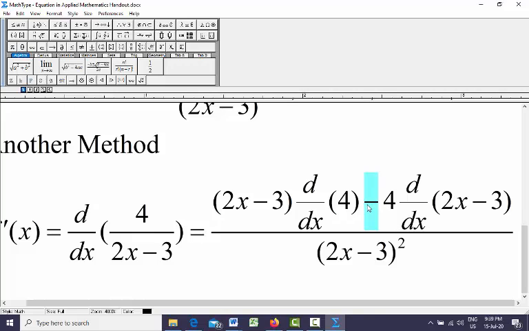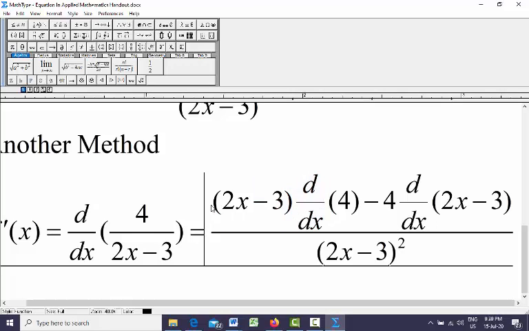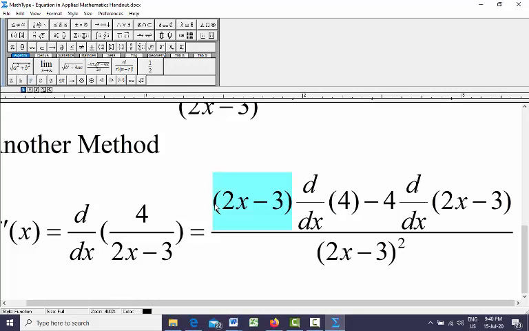Then you put a minus. This 2x minus 3 was behind d by dx.